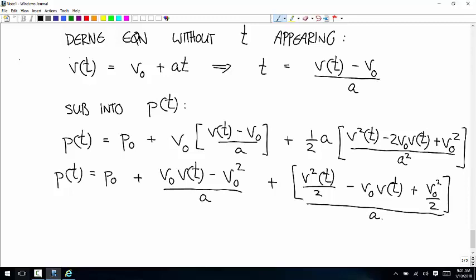Why would I write it like that? It's sort of an ugly way to write it, but now you can see some stuff that cancels because these have the same denominator. So this cancels with this.